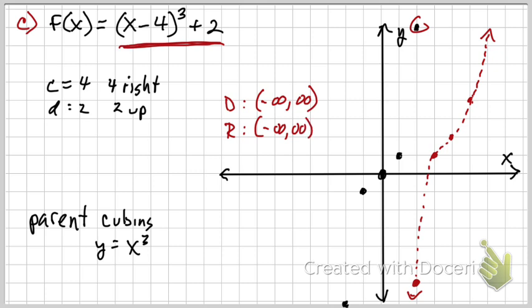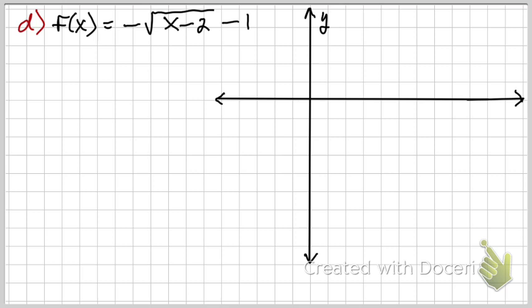I just don't want you to forget about domain and range. If everybody's good, let's do another one. So there's 3 parent functions. We wouldn't have a complete set of notes without this one in there.